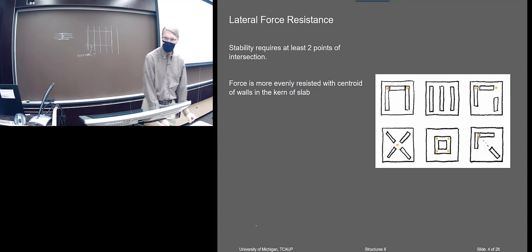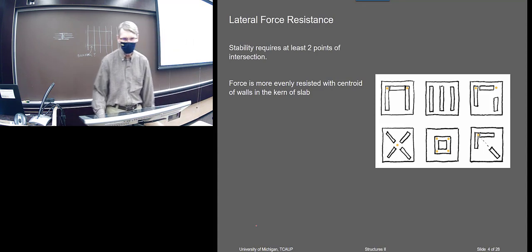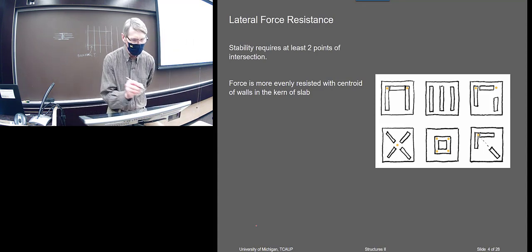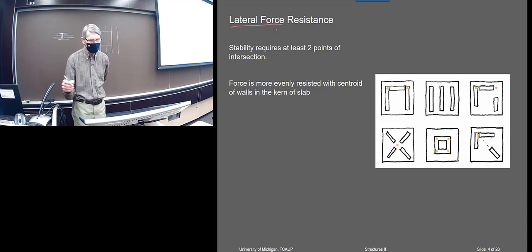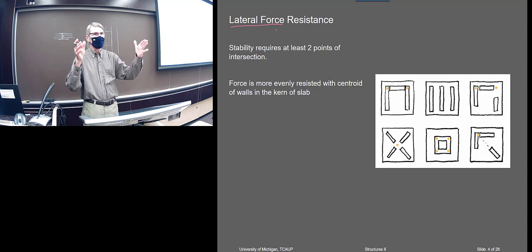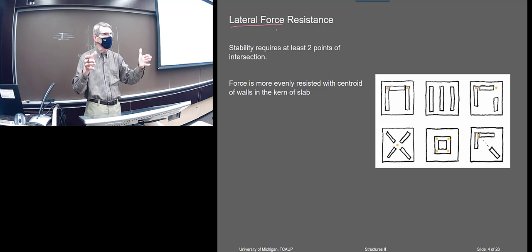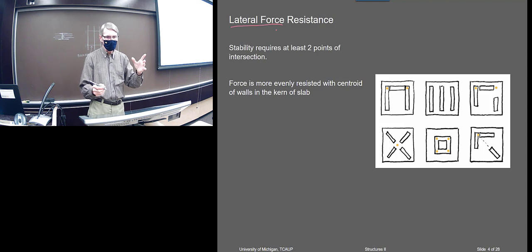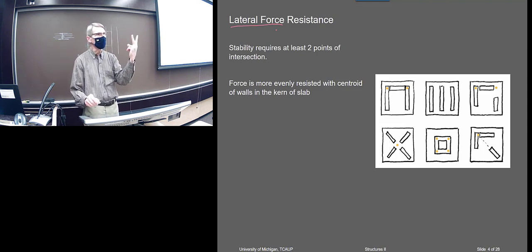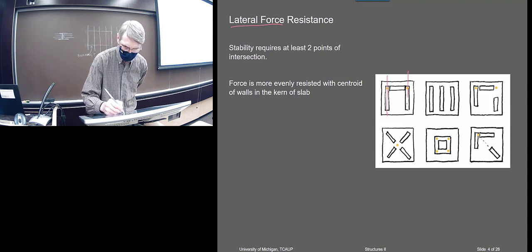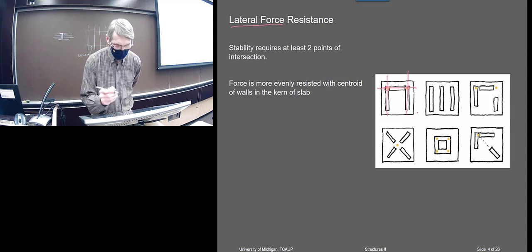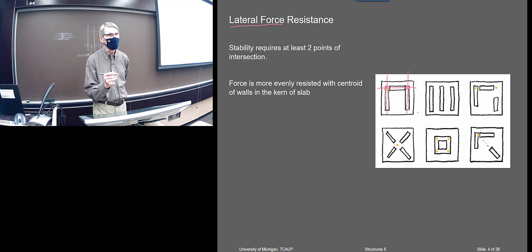I do have a model that you can play around with, but the concept here is for determining lateral force resistance and how to consider the positioning of shear walls. And there's a rule for it. You've always got to have the shear walls cross at 2 points. So here we've got these and these, so you've got 2 points, and that would be potentially stable.